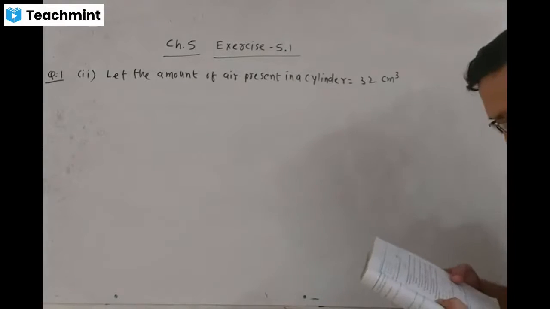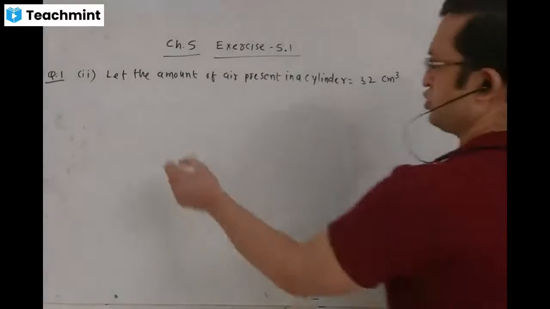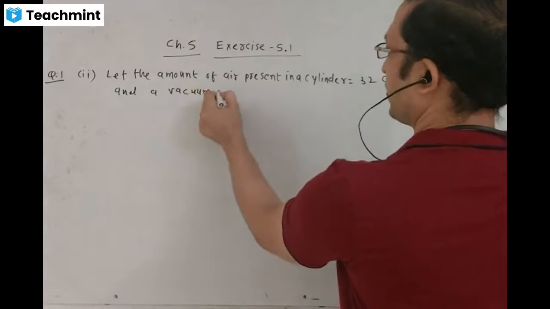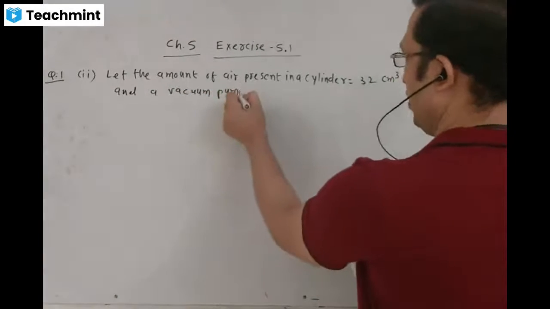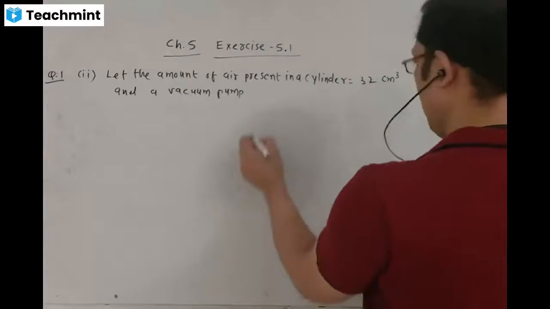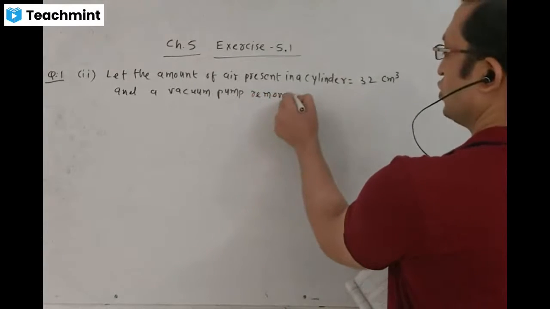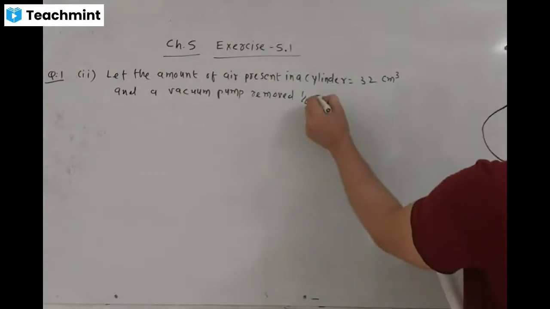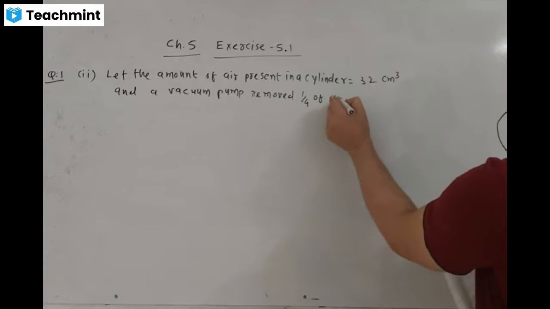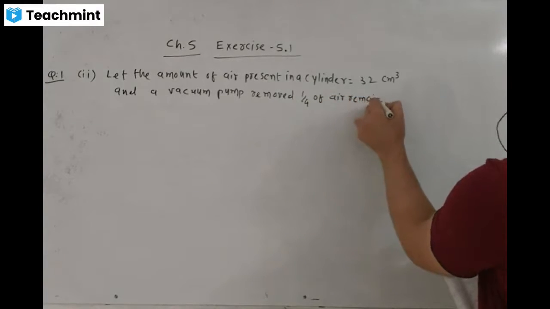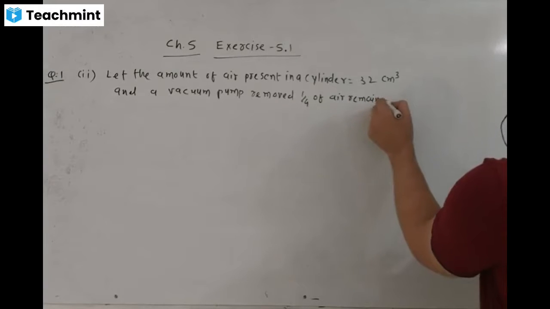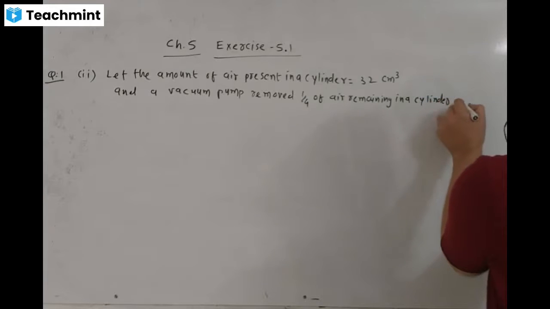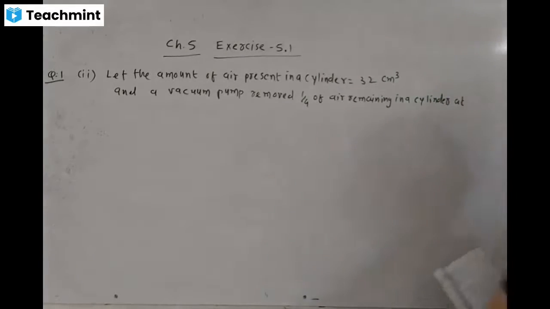And a vacuum pump removes 1/4 of the air, so 3/4 of the air remains in the cylinder at a time.